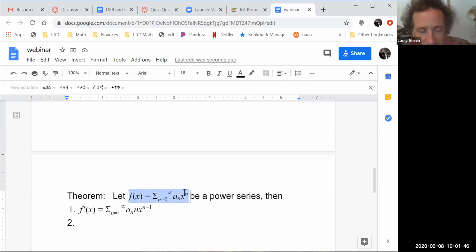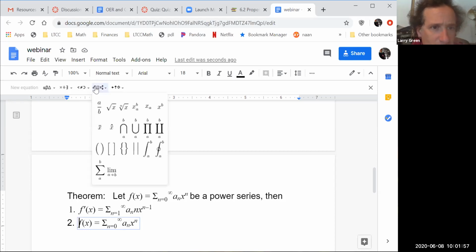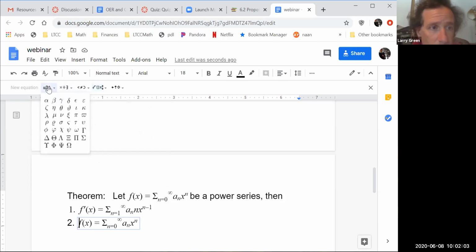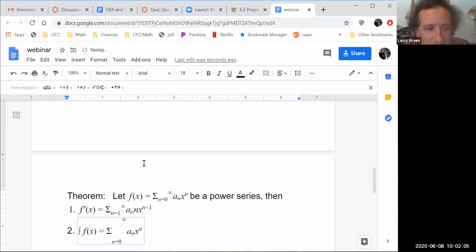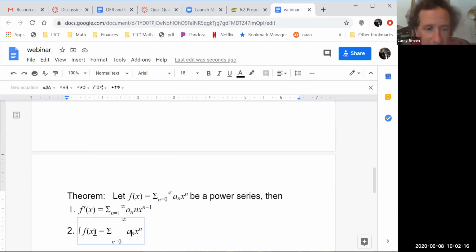So again, I'm going to copy that. And I want to take not f of x, I want the integral of f of x dx. And here's the wonderful thing. Power series are polynomials.